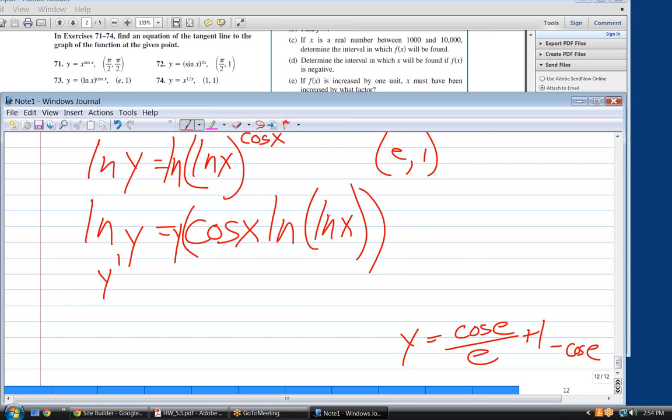So now if we plug in e and 1 for x and y on the right hand side, we have 1 times cosine of e times the natural log of the natural log of e.